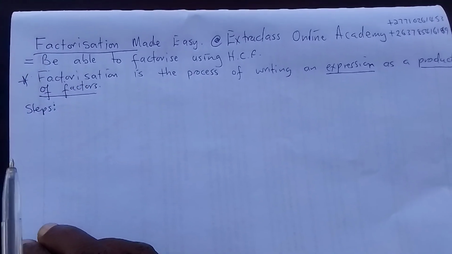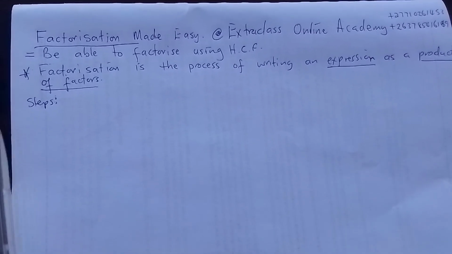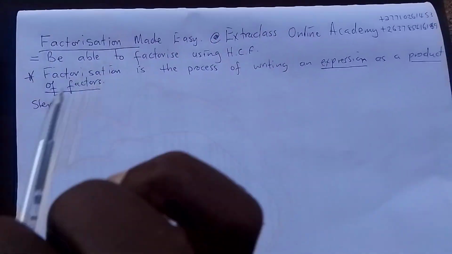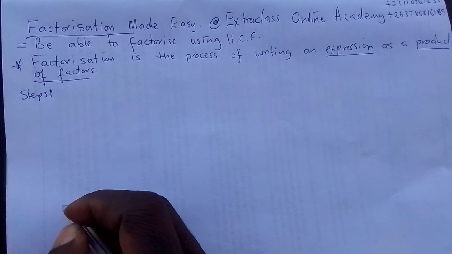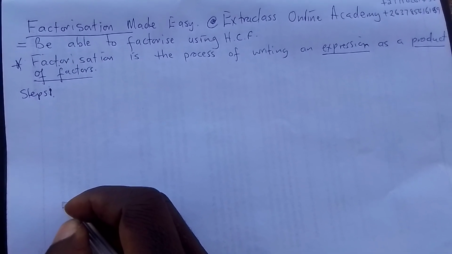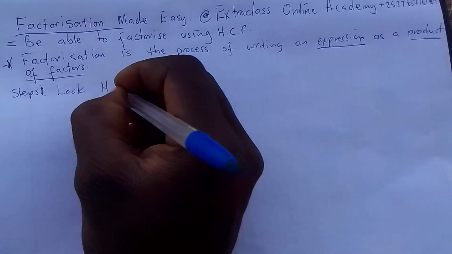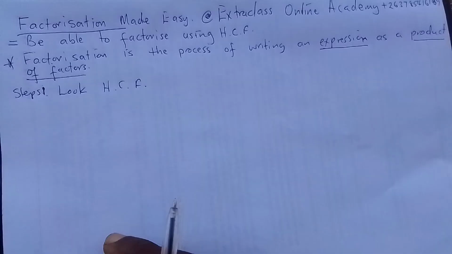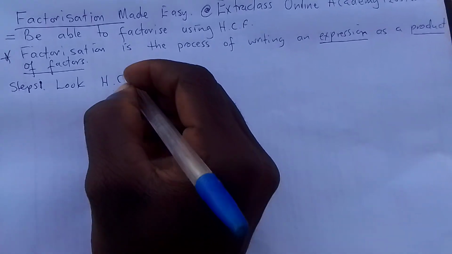Kana tichita factorization using the highest common factor, we are going to follow 4 simple steps. So step number 1, ndeyekuti you look for the largest factor. You look for highest common factor.